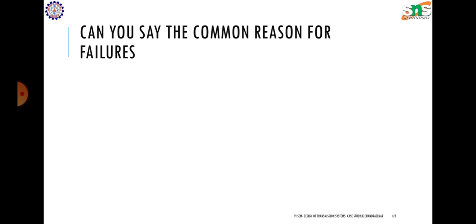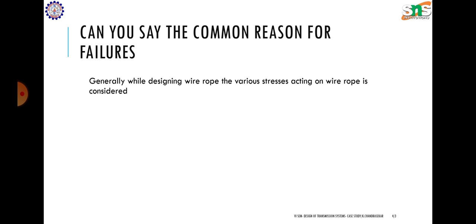So what are the common reasons for failures? Generally, while designing a wire rope, the various stresses acting on the wire rope are considered, that is bending stress and tensile stress. Bending stress acts on the wire rope where it is on the pulley, drum or sheave where the ropes are wound.